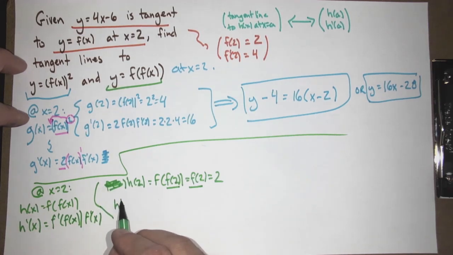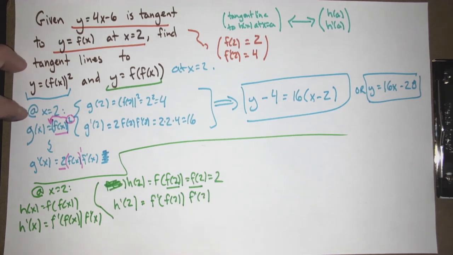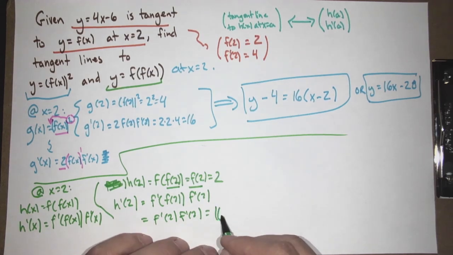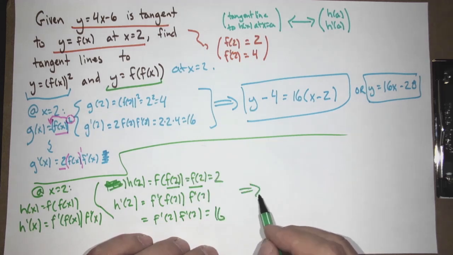Okay, so h prime of 2. That's f prime of f of 2 times f prime of 2. Well, f of 2 is 2, so that's f prime of 2 times f prime of 2, which gives us 16. Now, it's a coincidence that these were the same. But mostly this is just practice, doing things.